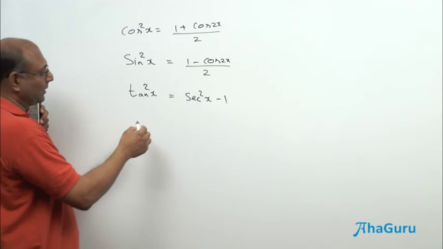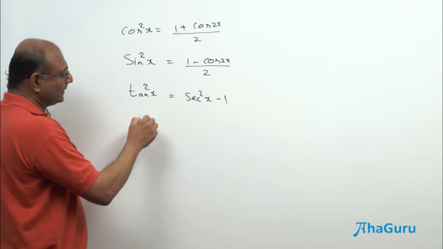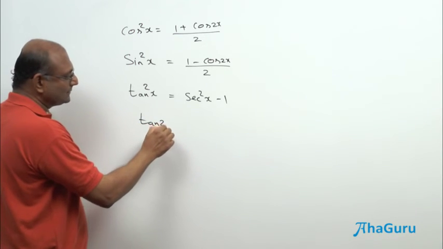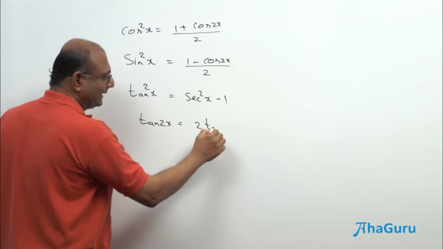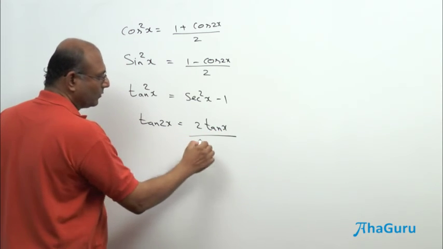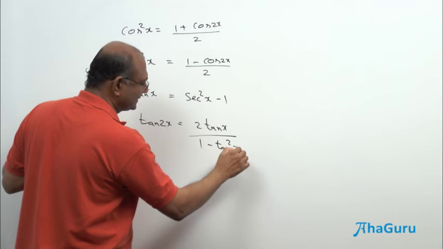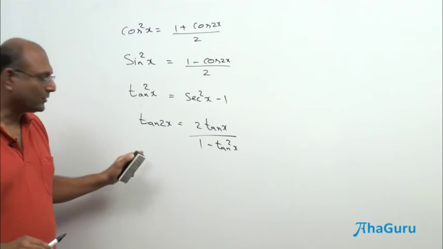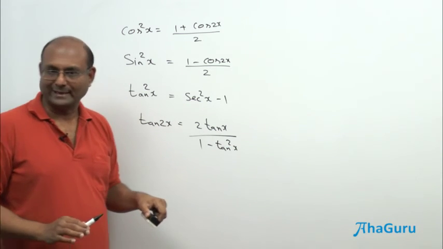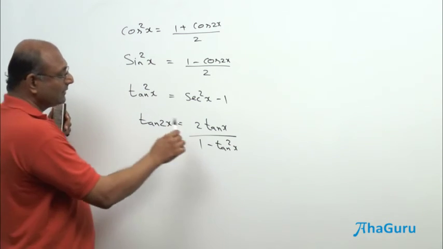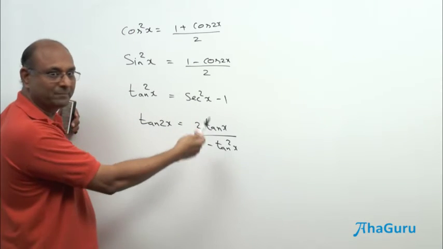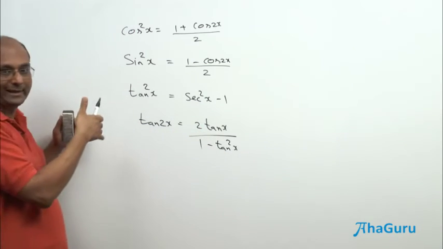Actually, it turns out you probably know this, that you can write tan 2x as 2 tan x by 1 minus tan square x. So sometimes when you have this type of statement, you should be able to convert it back here.